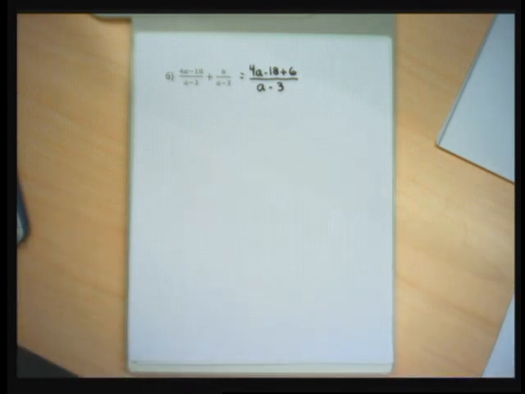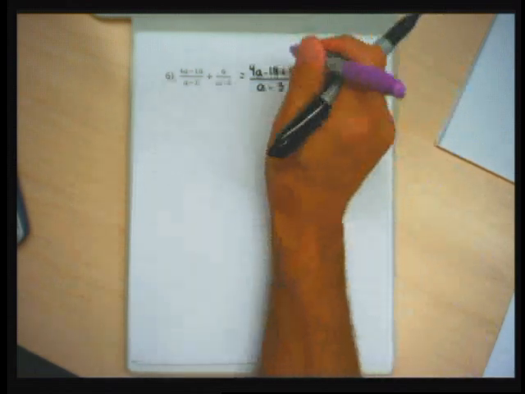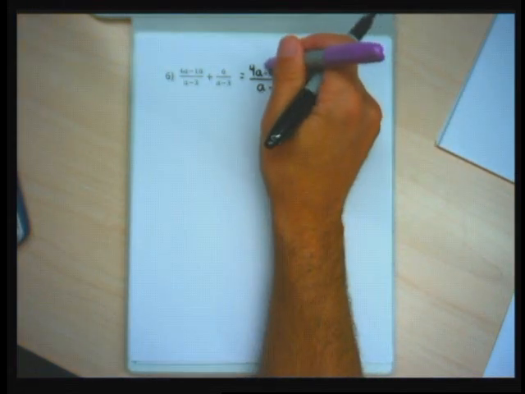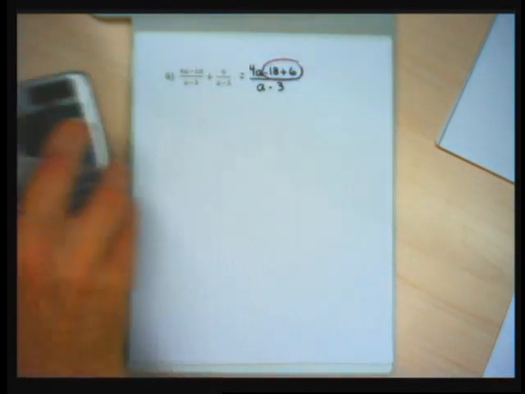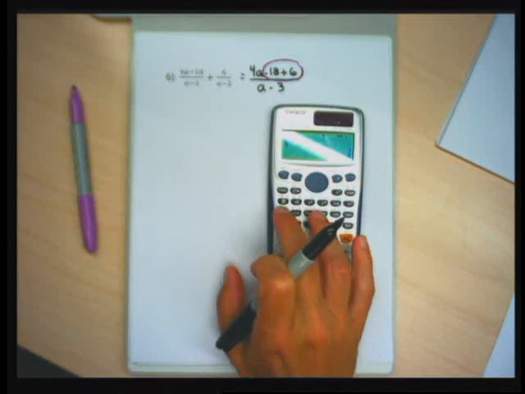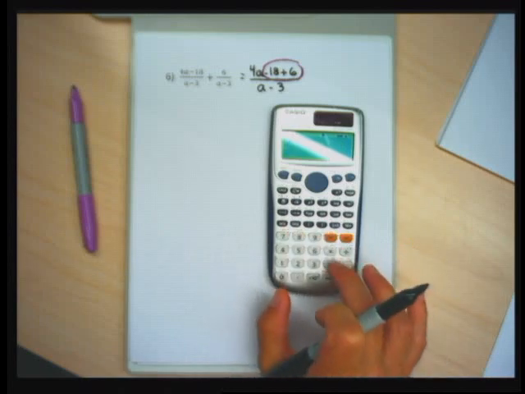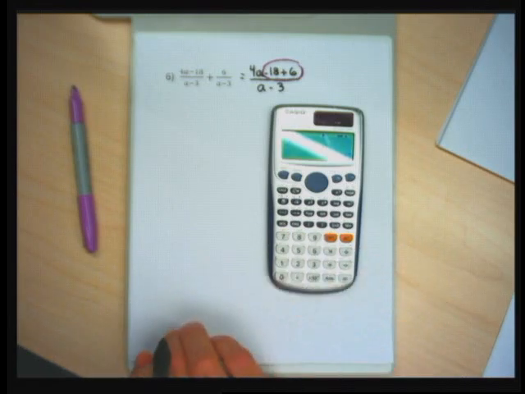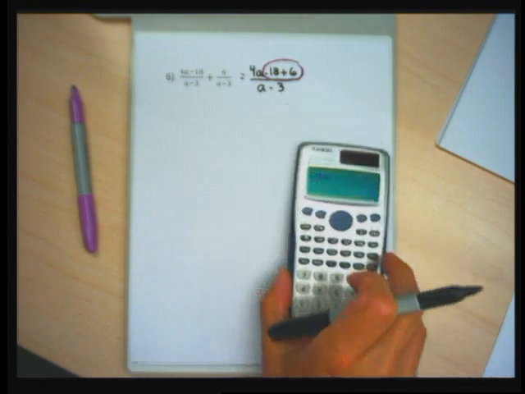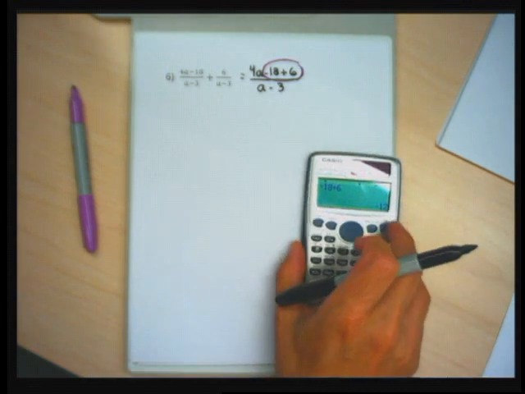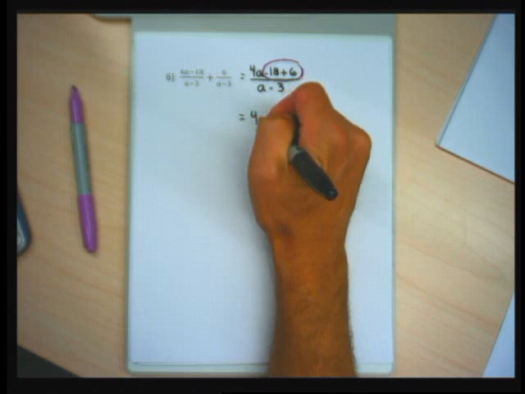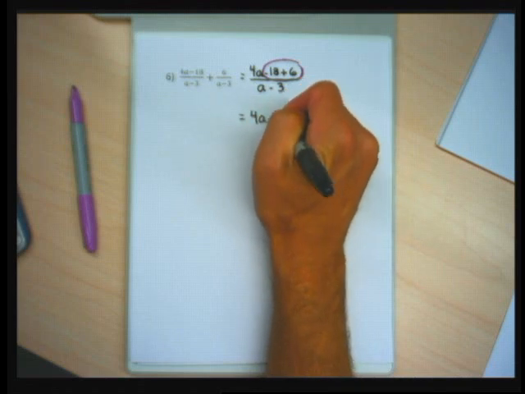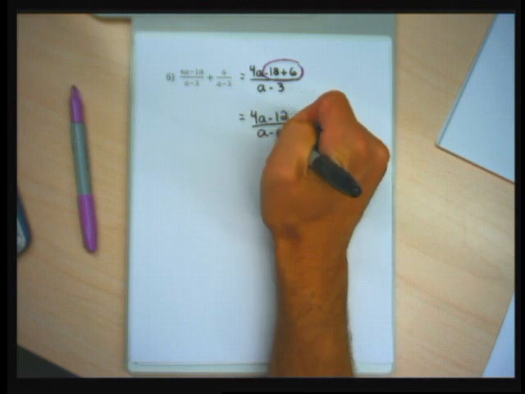So in my efforts to get the best final answer, I'm going to simplify that numerator by combining the minus 18 and positive 6. I could do that in my calculator. I can go minus 18 plus 6 if I can't do it in my head. And so in the numerator, I'm supposed to get a minus 12 along with the 4a. So I can rewrite this problem as 4a minus 12 over a minus 3.